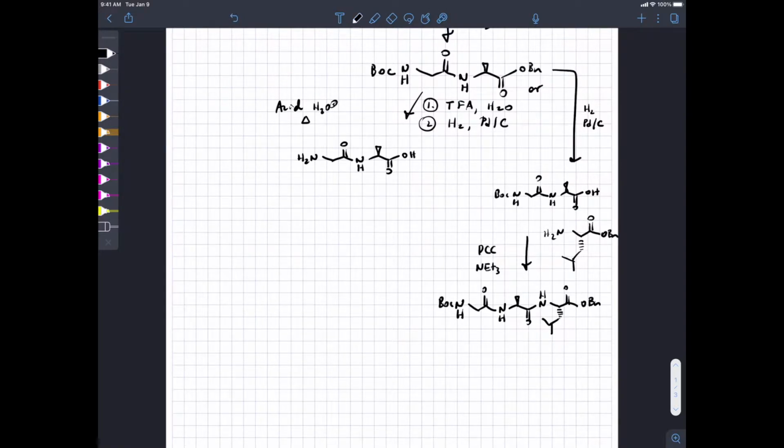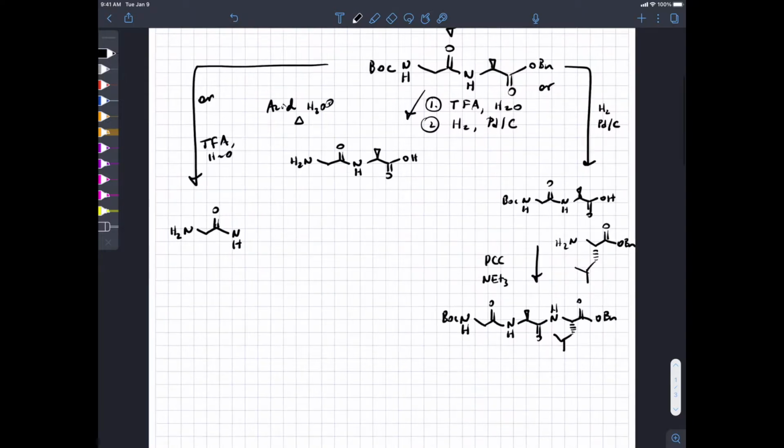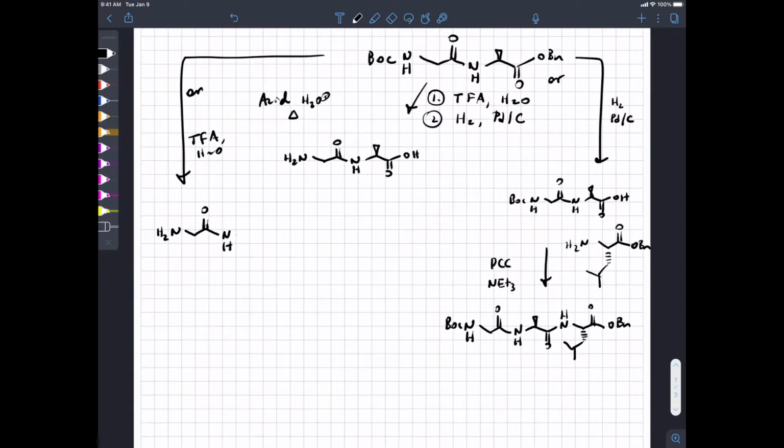Alternatively, if you wanted to add the next amino acid to the N-terminus, you would simply use TFA with a little bit of water, and that would give you your peptide with a deprotected N-terminus, whereas the C-terminus would be protected.